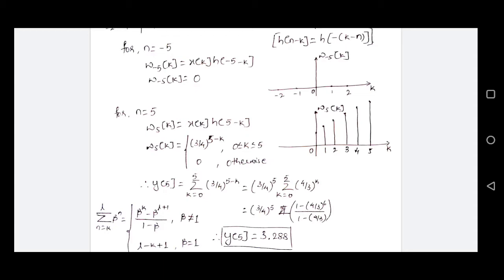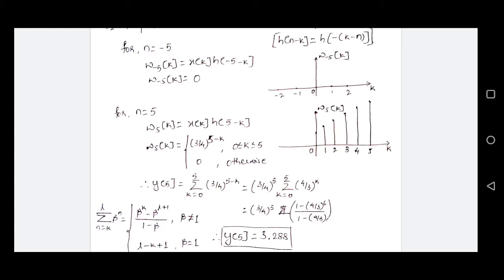X of k is a unit step. The definition for h of 5 minus k will be (3/4)^(5 minus k), and this will be true only for 6 samples, because x of k is a unit step function, present from 0 to infinity.